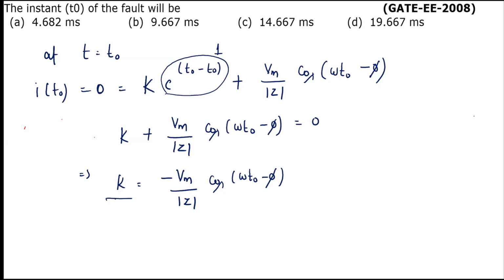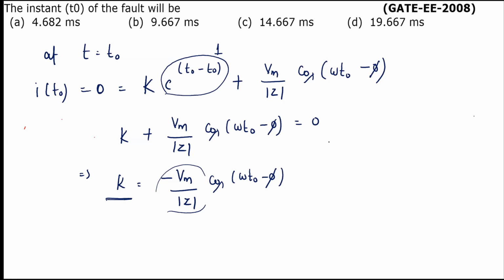So here the DC offset current is negative and maximum. That is a condition: negative and maximum. The magnitude is negative, that is okay. When will it become maximum? This value will become maximum when cos of omega t naught minus phi becomes 0.